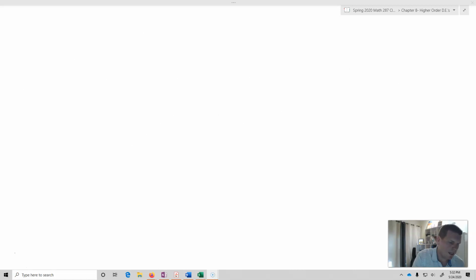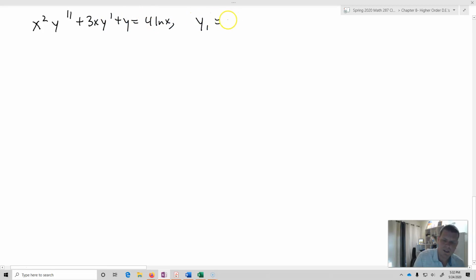So let's solve the DE, x squared y double prime plus 3xy prime plus y equals 4 ln of x, and suppose that we know that y1 is equal to x to the negative 1. So we're going to posit y2 is going to equal u x to the negative 1, where u is a function of x.